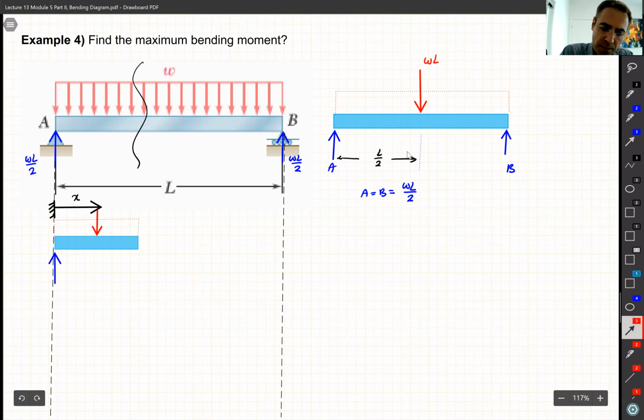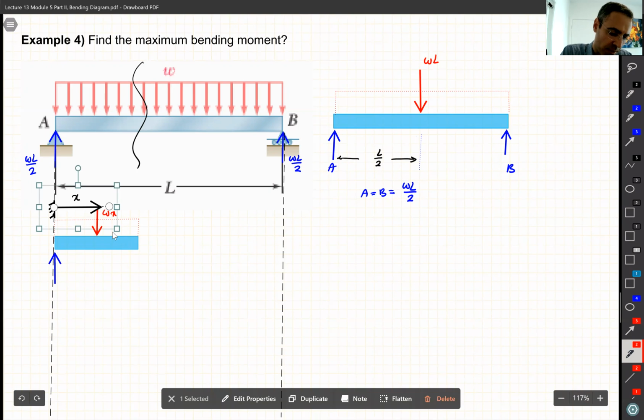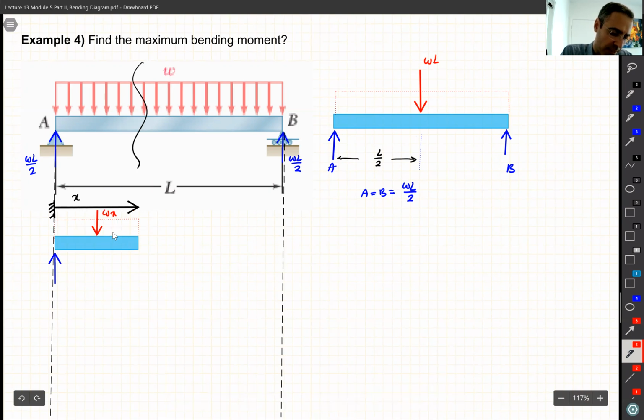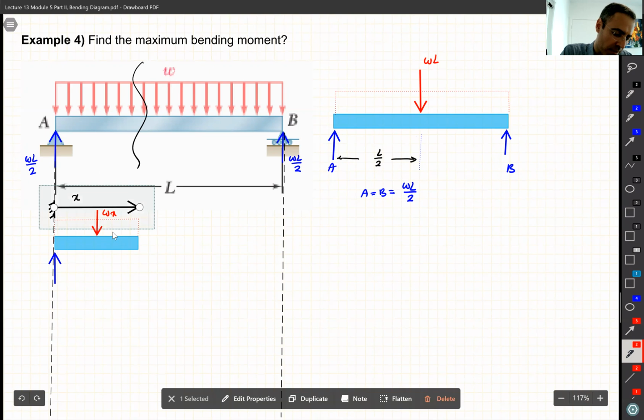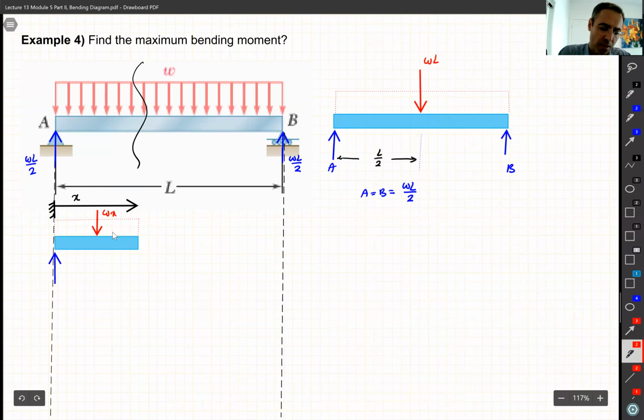It's going to be just W multiplied by X, because we just use the X portion, from here to here, where we did our cut. So if that's X, then this distance is going to be X divided by 2.